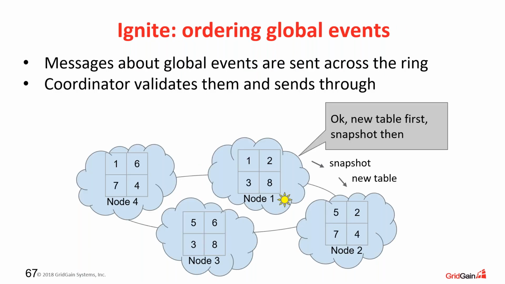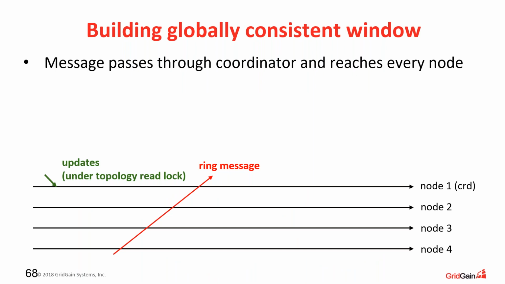And how may this option to use the ring and order the events help us in building a globally consistent window? Let's discuss how it is performed in Ignite. In order to build a globally consistent window, the initiator passes a message about window creation to the ring, the message reaches the coordinator, and then, validated, reaches every node.